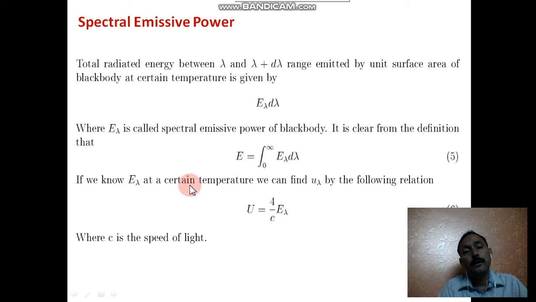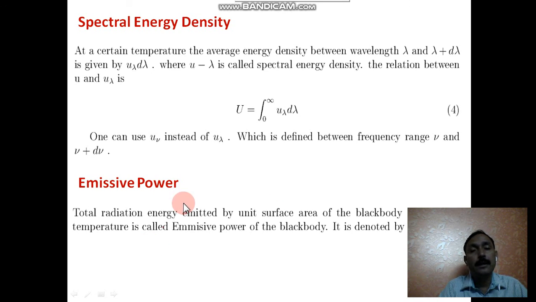If we know E lambda at a certain temperature, we can find U lambda by the following relation. U is equal to 4 by C times E lambda, where C is the speed of light. Already we have discussed U is equal to the integration from 0 to infinity of U lambda d lambda, where U lambda is the spectral energy density.